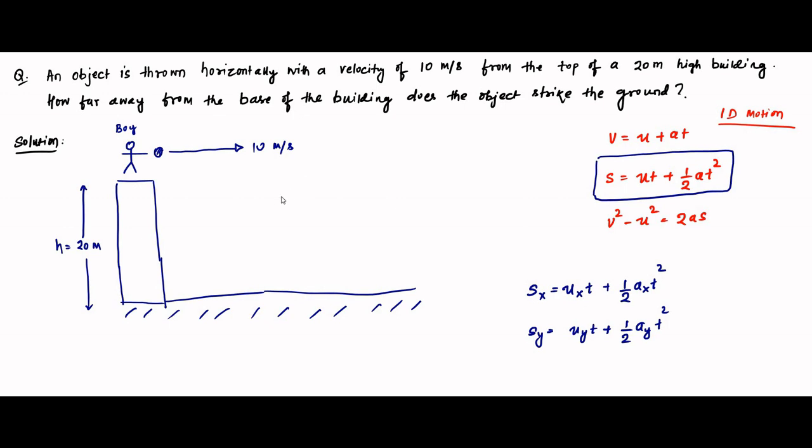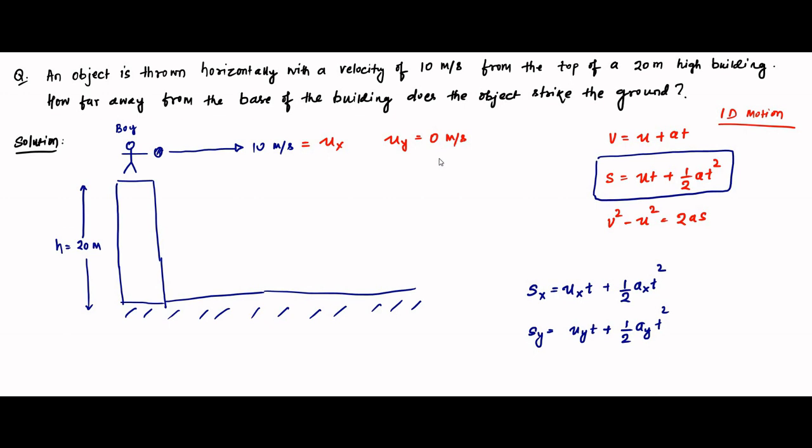So here if you see, the projection is horizontal, and there is no component of velocity along the y-axis. So simply we can say that this 10 meter per second is ux and uy is equal to 0 meter per second.